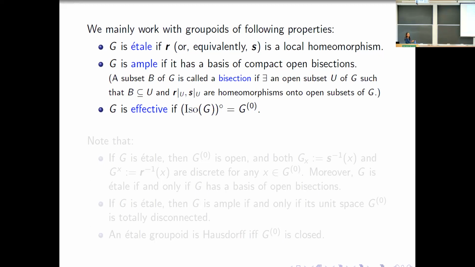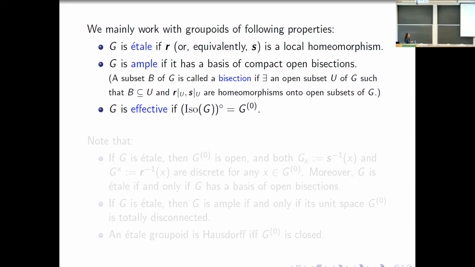Apart from the groupoid being Hausdorff, we are going to focus on the following properties. Etale, which has been mentioned also yesterday by Elizabeth, simply means that the range map, or equivalently the source map, is a local homeomorphism. Another property one can assume is that a groupoid can be ample, which simply means that it has a base of compact open bisections, and bisections are going to play a very important role in our work.